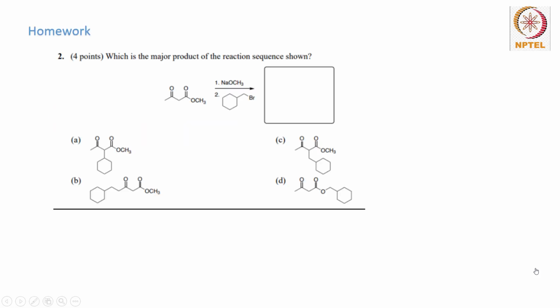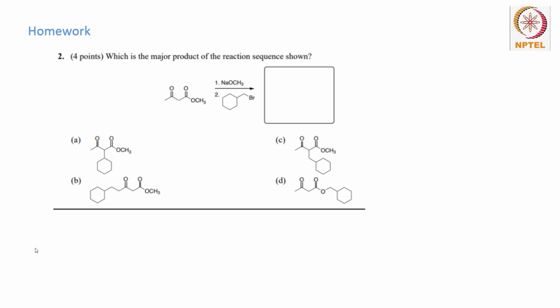Before that, in the last class I gave a homework to try, so let's try to solve that first. After that we will move to today's content. So what was the question? Which is the major product formed in the reaction sequence?